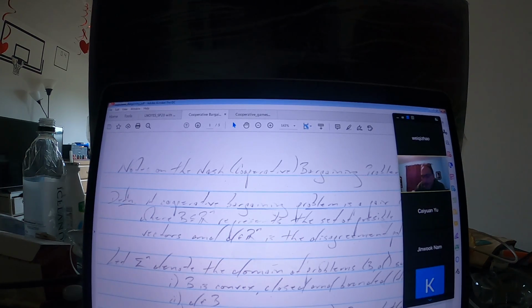But overall, what's ultimately important here is what are all of the possible outcomes that these parties can achieve, and what happens if they fail to agree. So this is the essence of a cooperative bargaining problem, that it strips away all of these details of process and focuses just on the bottom line.